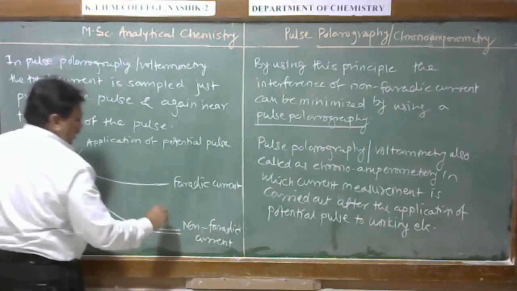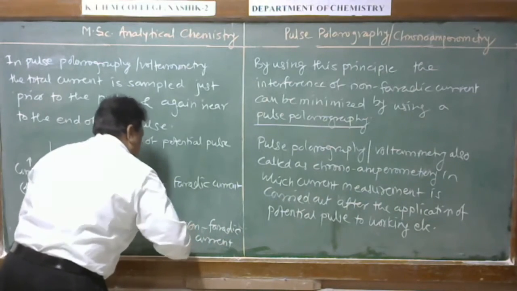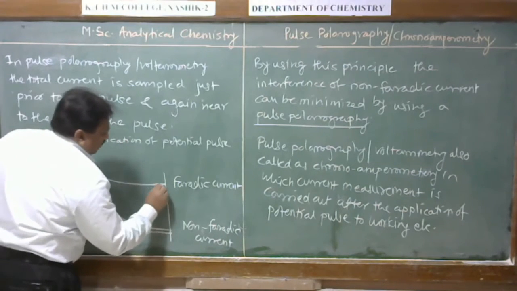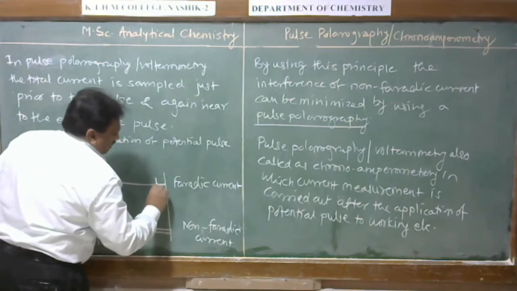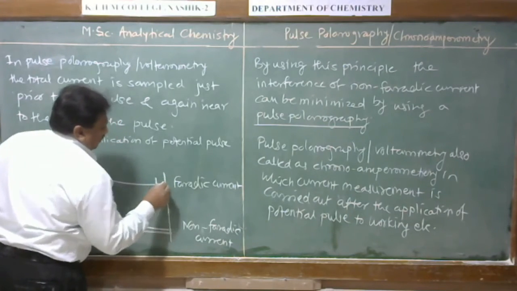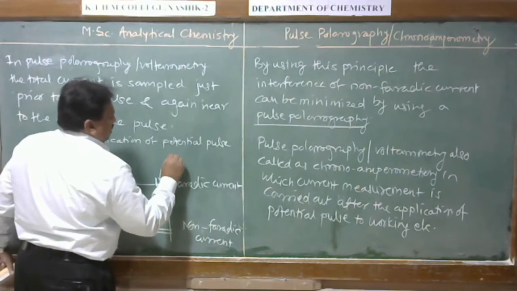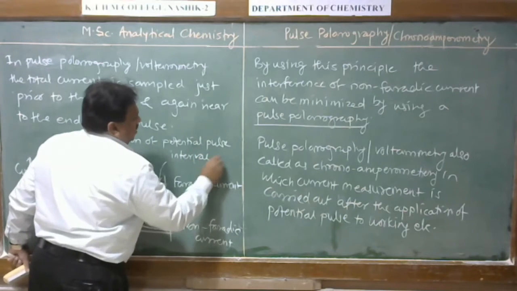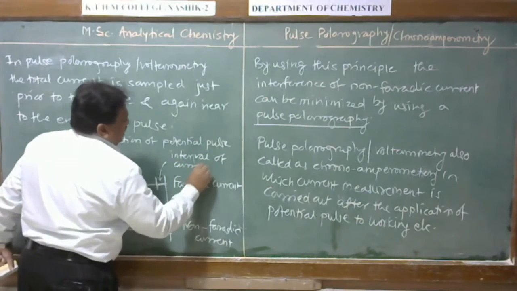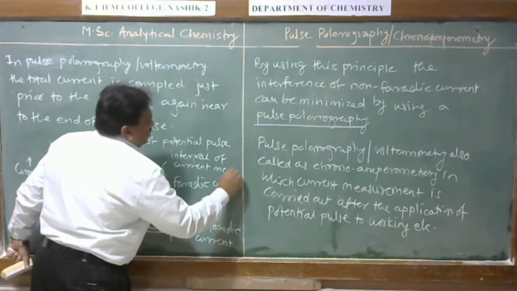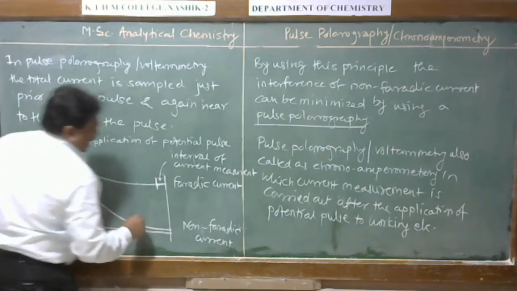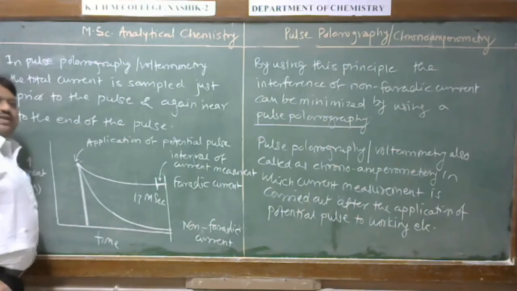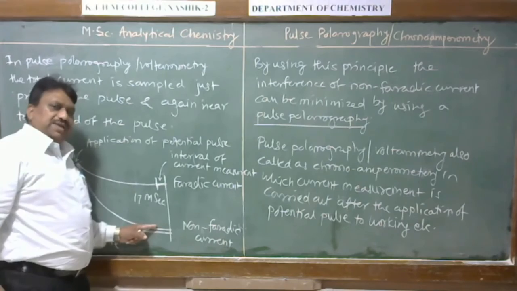Generally, this is a end of the potential pulse. Therefore just before the end of the mercury drop, within a interval of current measurement, and generally this current measurement is 70 millisecond before the drop dislodges from the tip of the capillary.